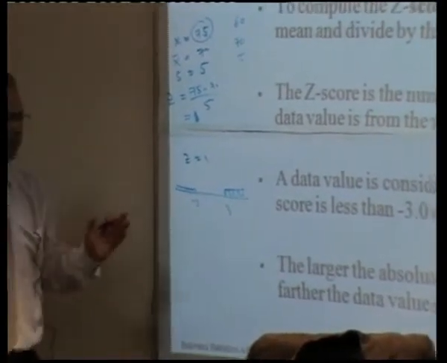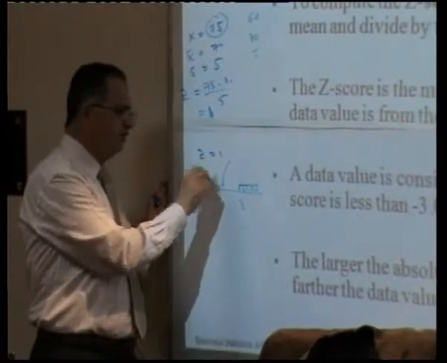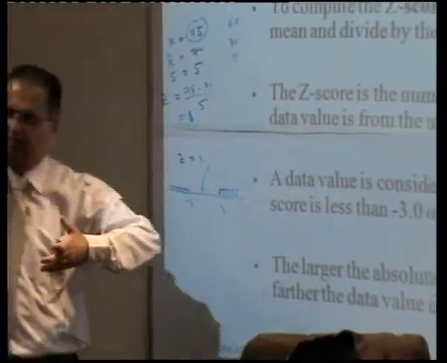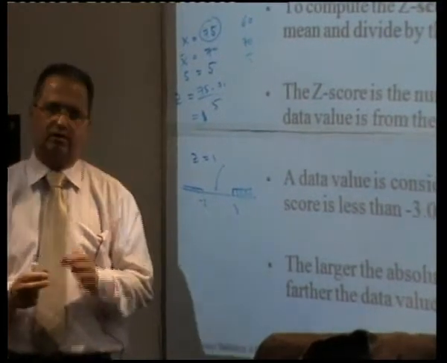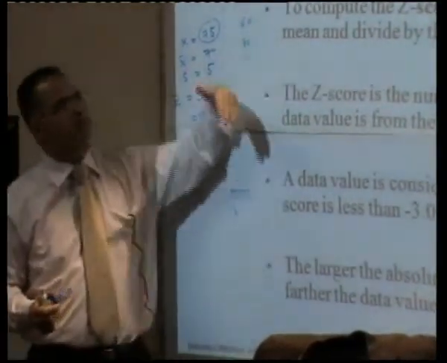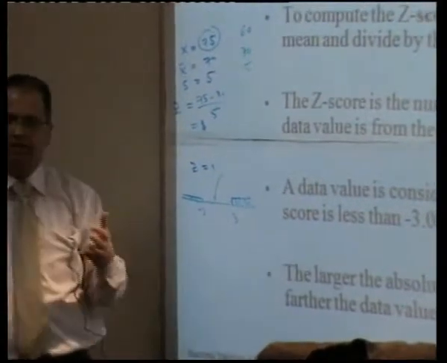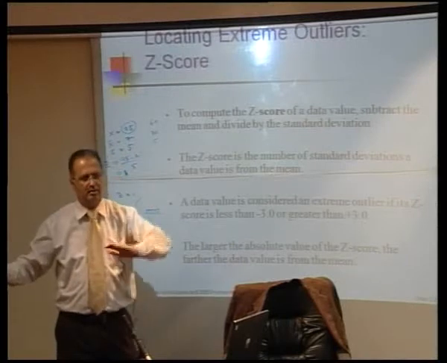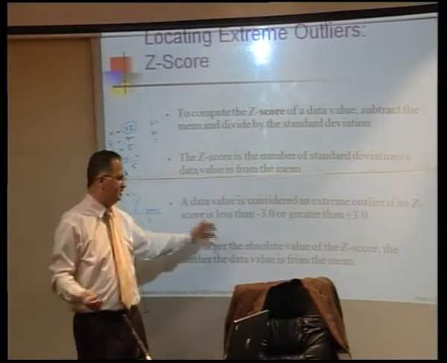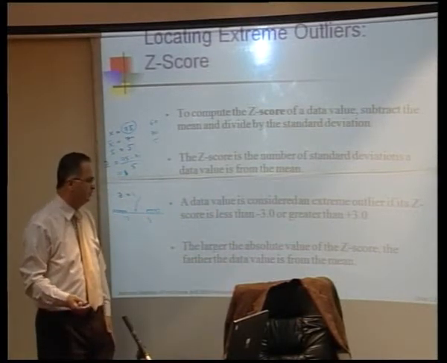Otherwise it's okay. Now my z-score is 1, so 1 lies between -3 and +3, so the point is not an outlier. So it's so easy to determine if the point is an outlier or not. Just look at the z-score. If it is above 3, it is an outlier. Less than -3 is an outlier. Otherwise, the data is okay.